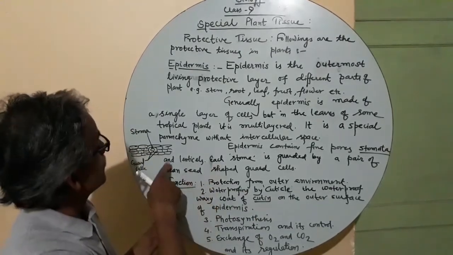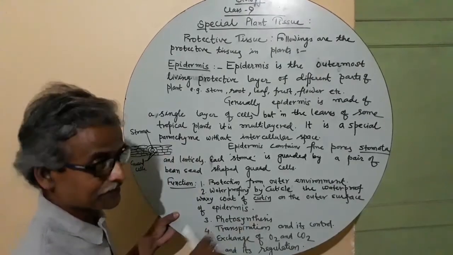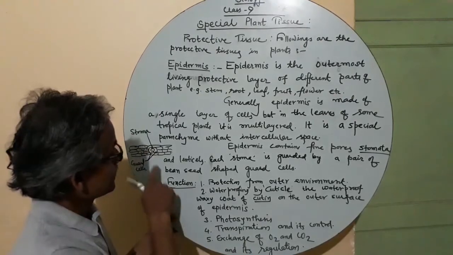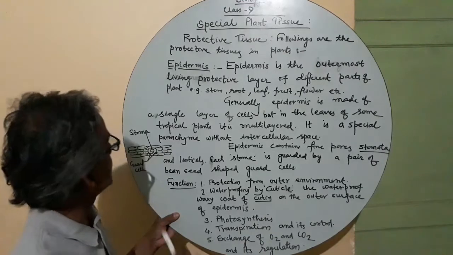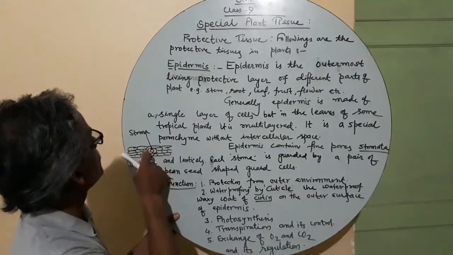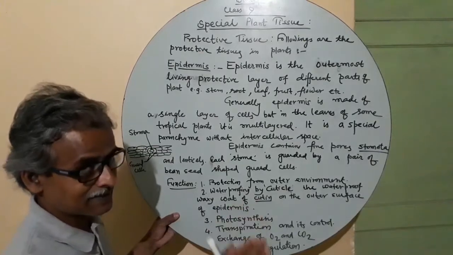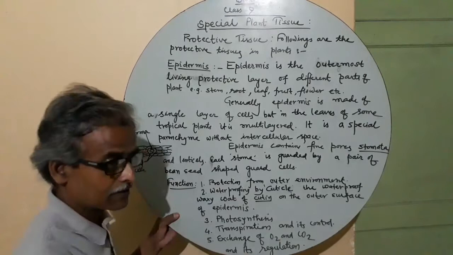As chlorophylls are found in these cells, photosynthesis takes place. As there are pores, these pores cause transpiration, and opening and closing of the stomata regulates the increase and decrease of the level of transpiration.